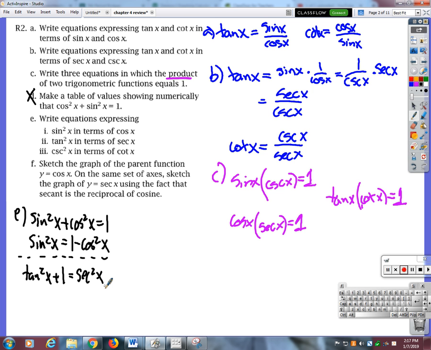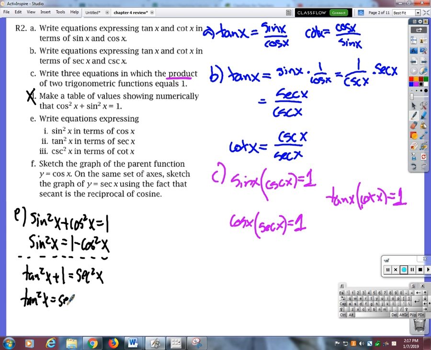Okay, so how do I solve that for tangent squared? Tangent squared plus 1 equals secant squared. I want to get the tangent squared by itself. Good.